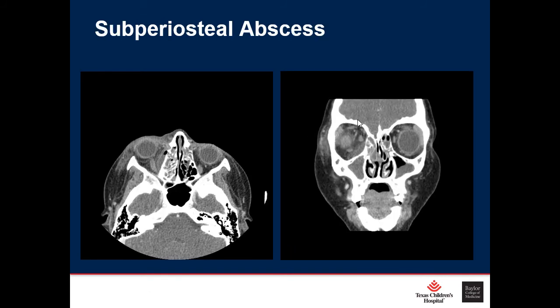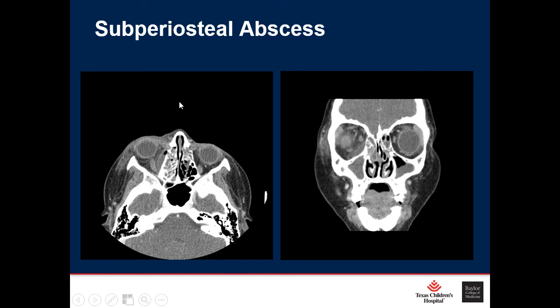In subperiosteal abscess, in addition to the extravasation of disease into the orbit, there is a walled-off abscess that forms. So here you see the periosteum of this bone, which normally would lie flush on the bone, is being pushed out and housing an abscess. And this is called a subperiosteal abscess. This requires surgical drainage.